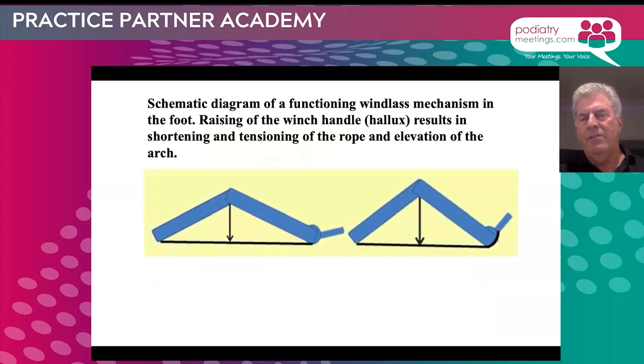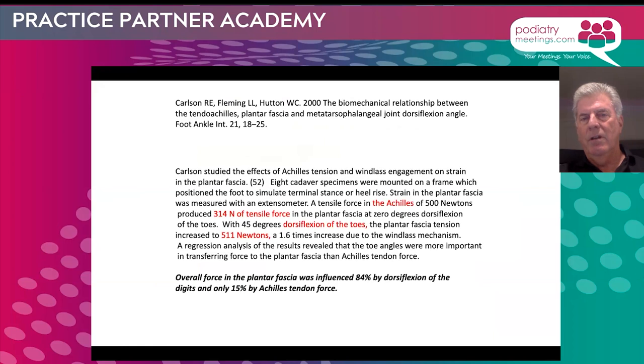But this recent insight into the windlass is quite interesting. As the hallux dorsiflexes, tension develops in the plantar aponeurosis. This study by Carlson back in 2000 showed that while the Achilles does put 314 newtons of tensile force on the plantar fascia, dorsiflexion of the toes actually creates a greater 511 newtons of force.